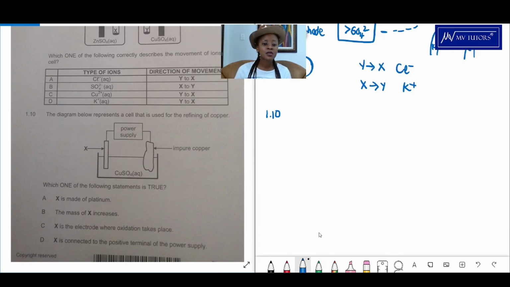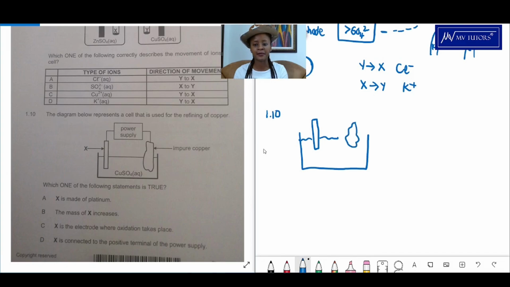Okay, so now which one of the following statements is true? Before we even look at the statements, let me just redraw it. I wanted to make notes on the actual image, but it will shrink, and I don't want to limit your visibility there. Okay, so you have your power supply.